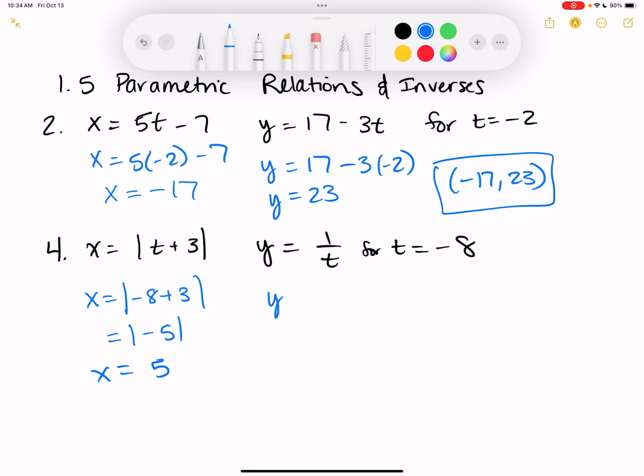And then Y is equal to negative 1 over 8. So my ordered pair is 5 and negative 1 over 8. These are nice and easy.